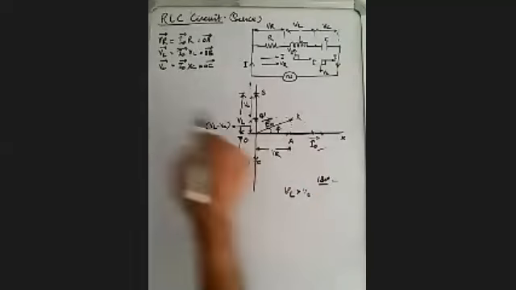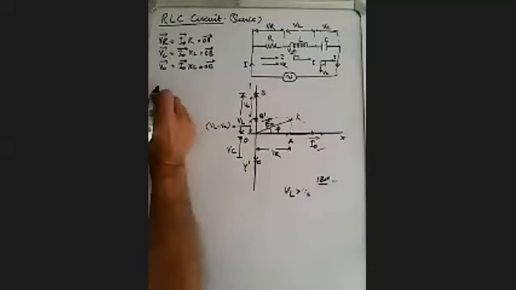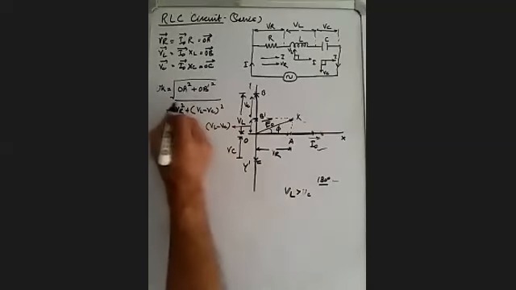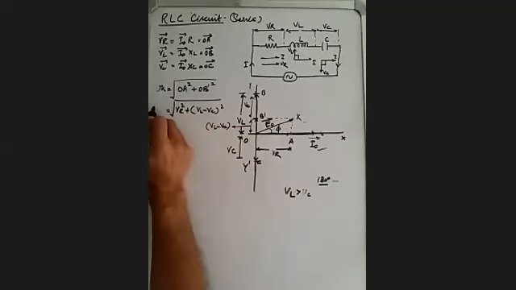So the magnitude of E naught is given by the magnitude OK, which is equal to under root of OA square plus OB' square. You can either say OA square plus AK square; AK is the same as OB'. So putting the values, OA is VR, so VR square plus (VL minus VC) whole square under root, and OK is the magnitude of E naught.